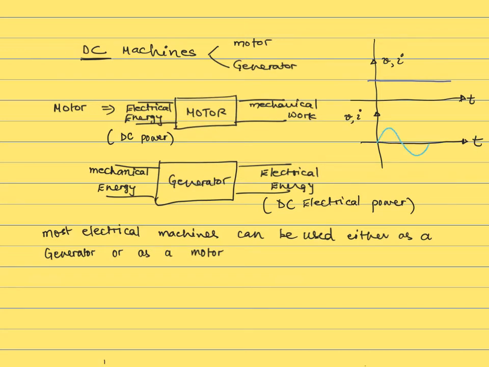So voltage or the current, when it's AC in nature, alternating, has a sinusoidal variation with respect to time. At the same time, for DC, it has a constant amplitude throughout. So not a function of time, does not change with respect to time. So we're clear here, it's the DC power, that's what makes the DC machines.